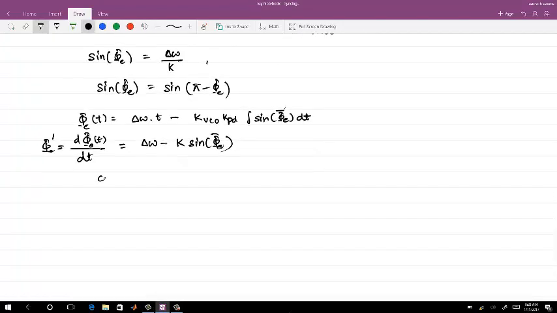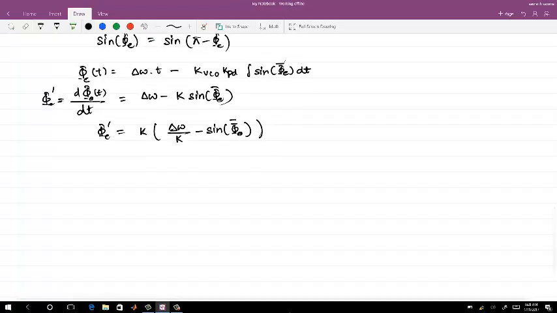So the phi e derivative is equal to K times (delta omega by K minus sine of the average phase error). We know that d phi e by dt should go to 0 in a stable lock condition.